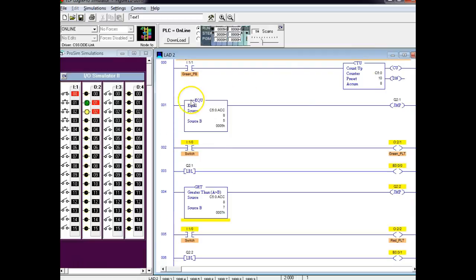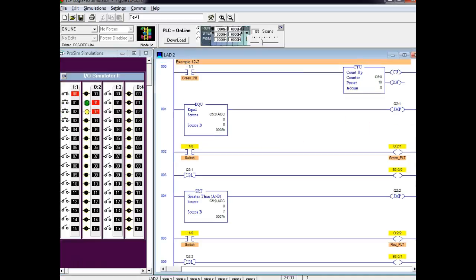That one. Okay, so right now output 2, 1 is energized, which is the green light. Okay, 1, 2, 3, 4, 5. Okay, now the jump is true.